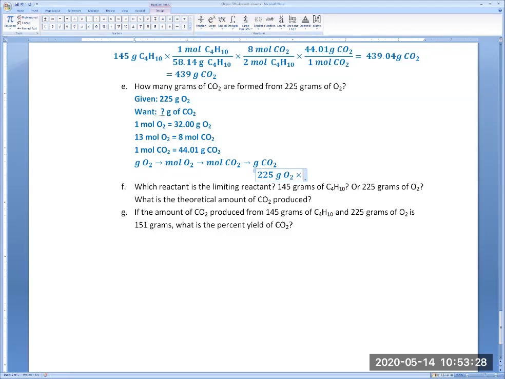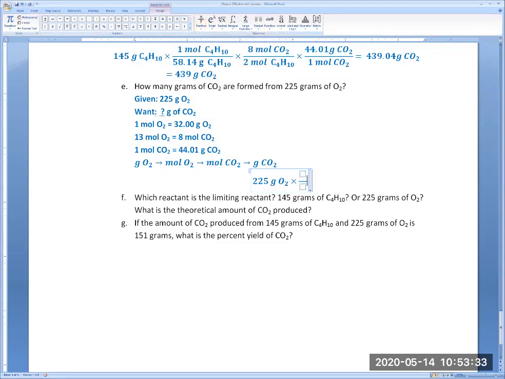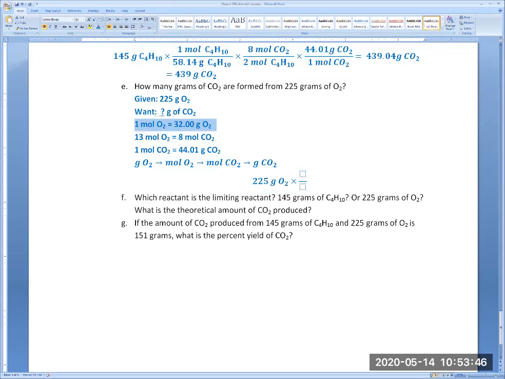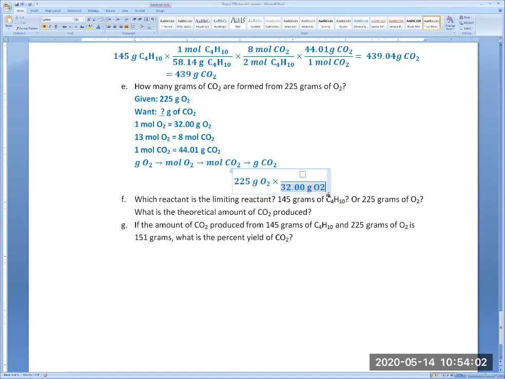So that's the given amount, 225 grams of O2. And you will multiply by the first conversion factor, which changes the grams of O2 to moles of O2. And to know which way you write it, so it's the molar mass of oxygen, right, that you're using, because that's what relates moles to grams of oxygen. And you see that you start with grams of oxygen, so you want to place the 32 grams of oxygen on the bottom so that you will cancel units of grams of O2.